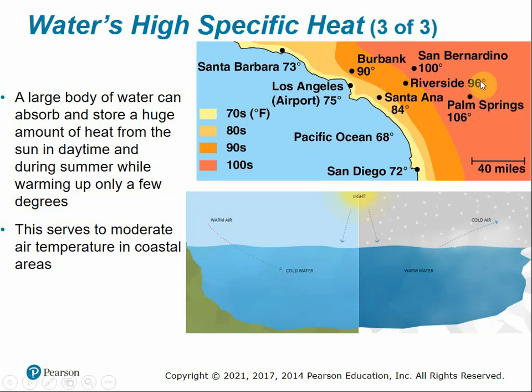More inland, you'll have higher temperatures on the surface, but near the coastline, they get that cool ocean breeze to help moderate the temperatures. Land and soil have a much lower specific heat than water, so the temperature on the land surface would be much hotter than the temperature in the water.